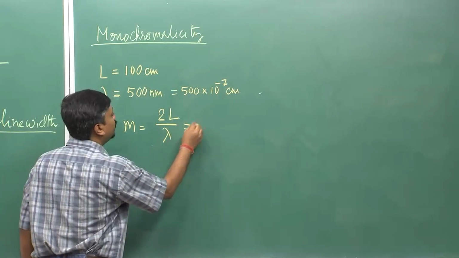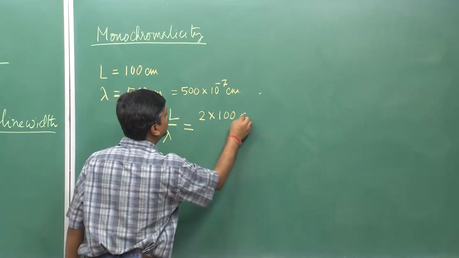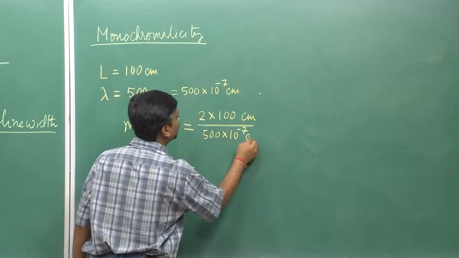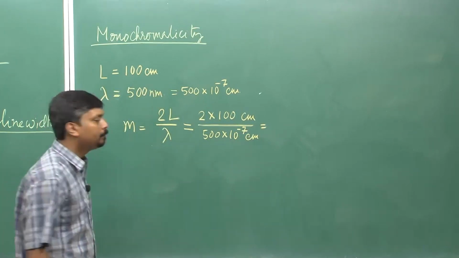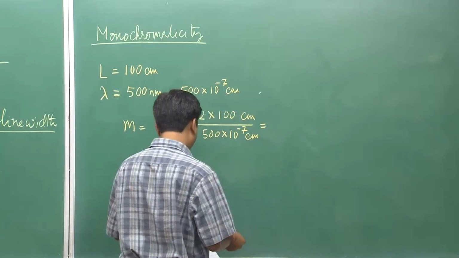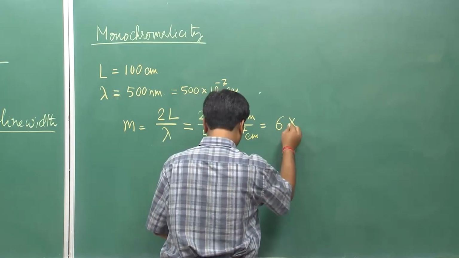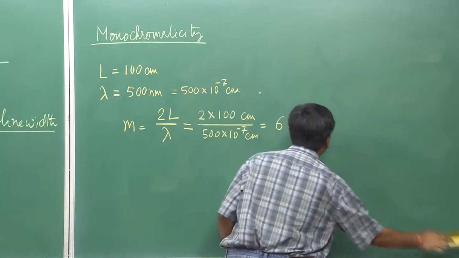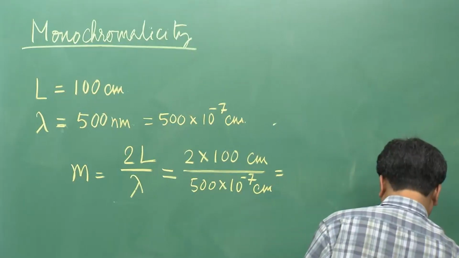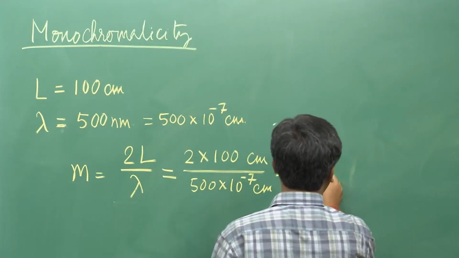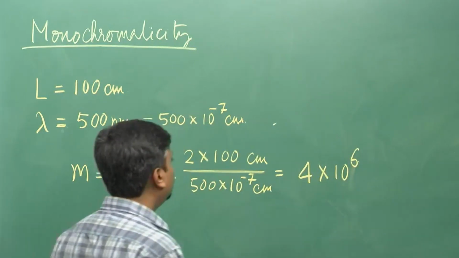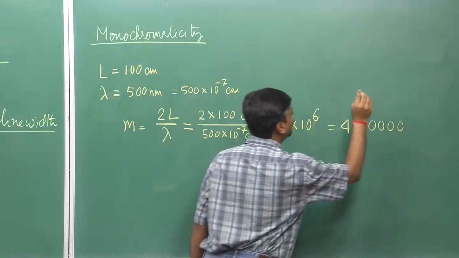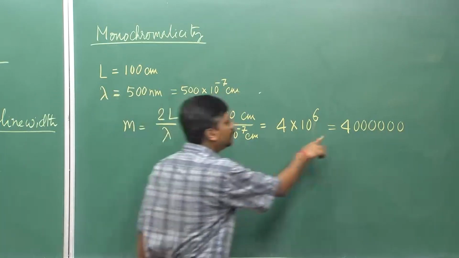So, here 2 into 100 centimeter, and here you have the ratio which becomes just a number, and if I directly give you the values, the particular mode is this mode.